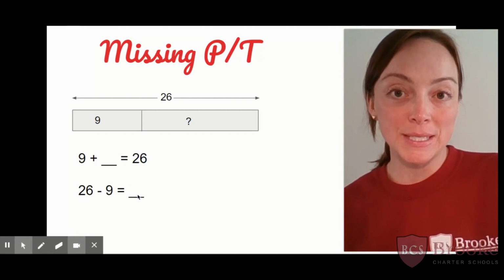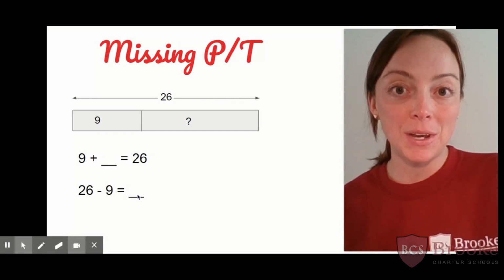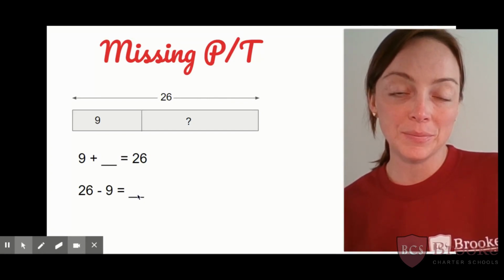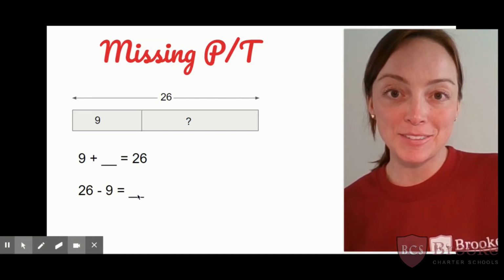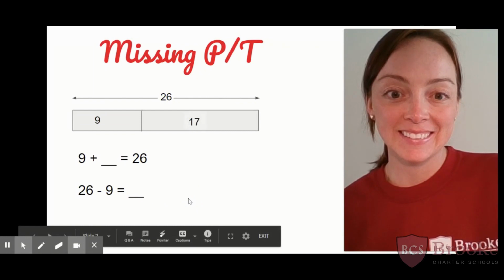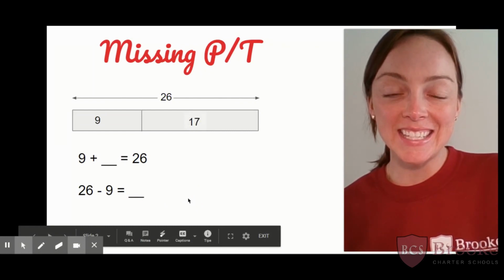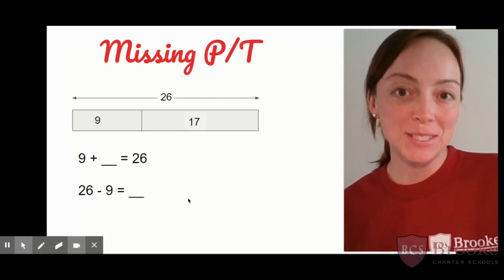If you already found the missing part, try to put these numbers into a number bond in your YouTube workbook. So what is that missing part, first grade? I got 17. If you got 17 too, give yourself a pat on the back.